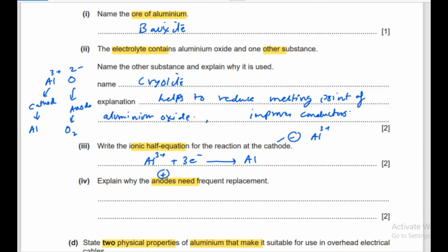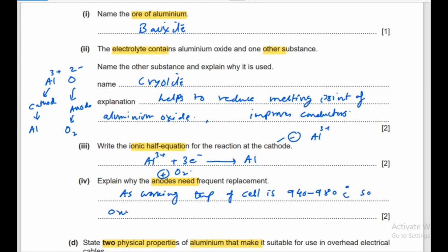Now, the anode is the positive electrode, and at the anode we get oxygen gas. The oxygen gas can react with the carbon anode, as the working temperature of the cell is 940 to 980 degrees Celsius.